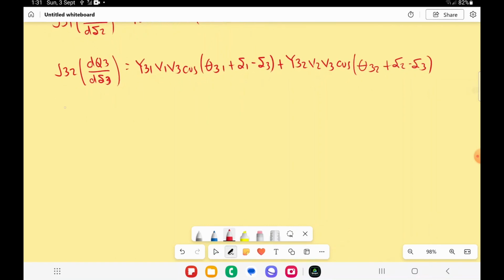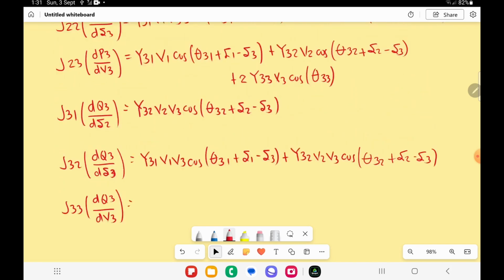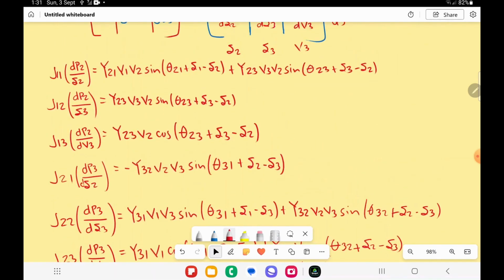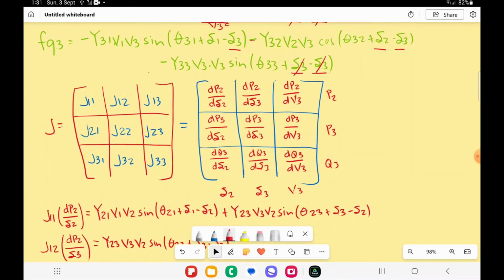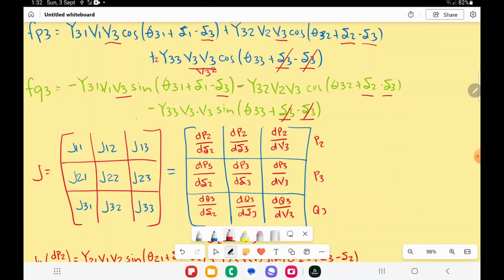So for the last element, J33, which is the partial derivative of Q3 in terms of B3. So we look again for function Q3 in terms of B3. We have B3 in the first term, we have also B3 in the second term, and we have also 2B3 in the third term.